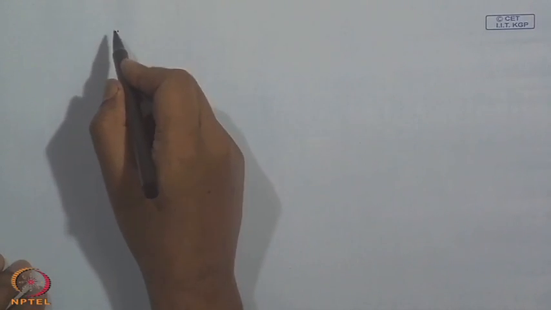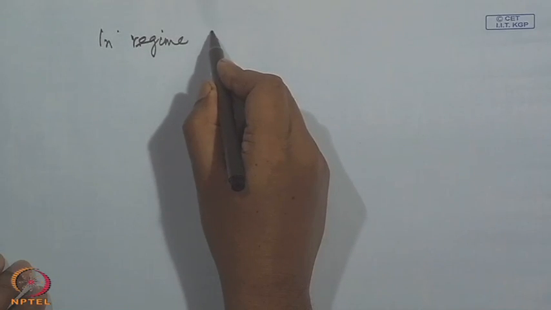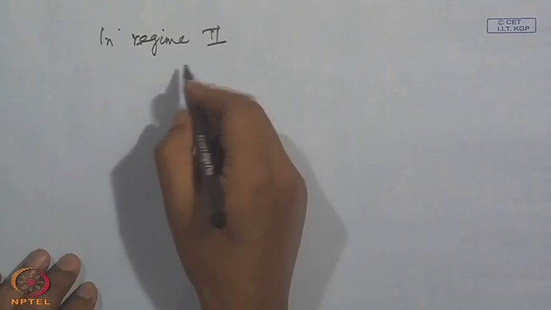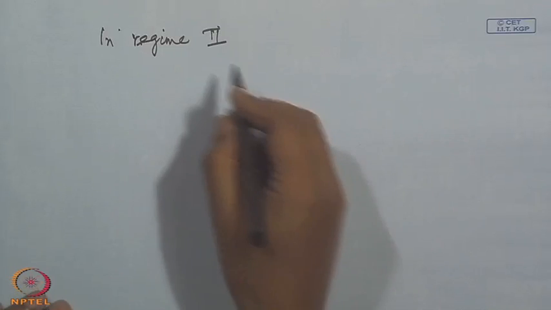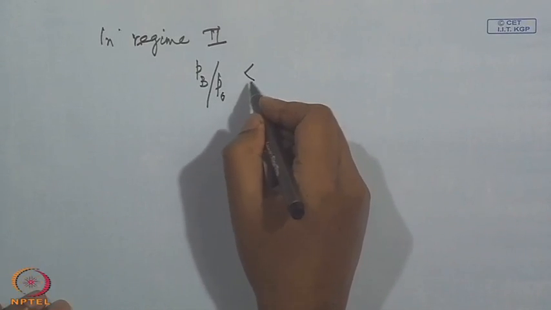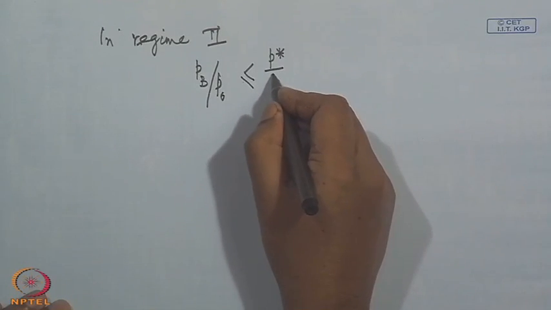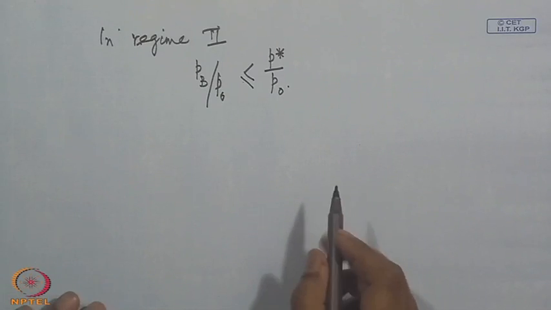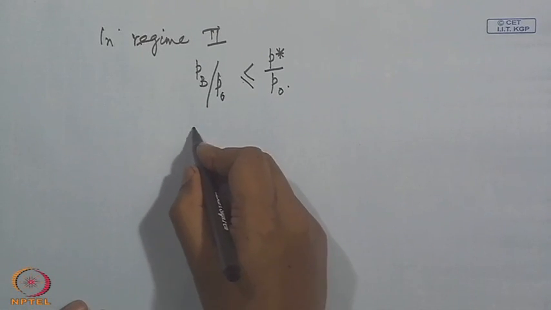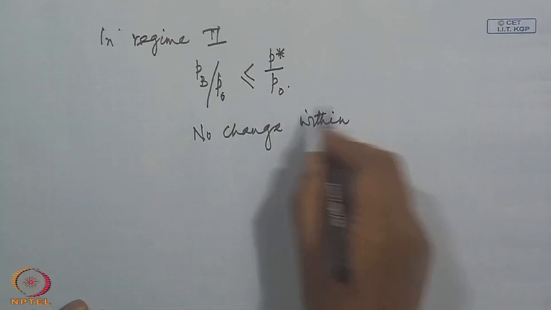In flow regime 2, which you can show here, a pressure below this, that is P b by P 0 less than P star by P 0, there is no change within the nozzle.